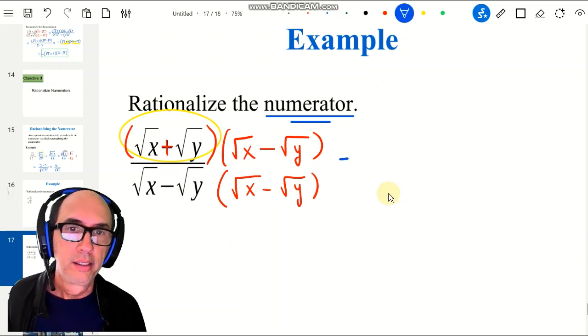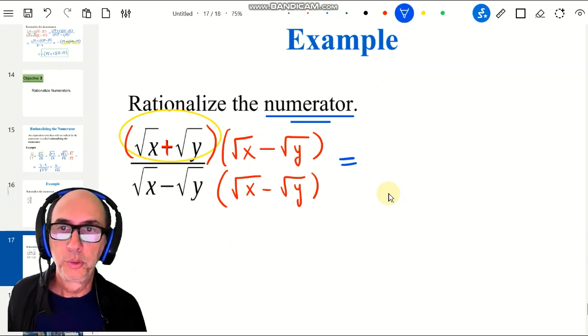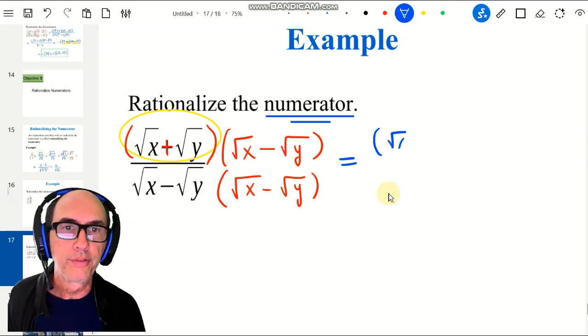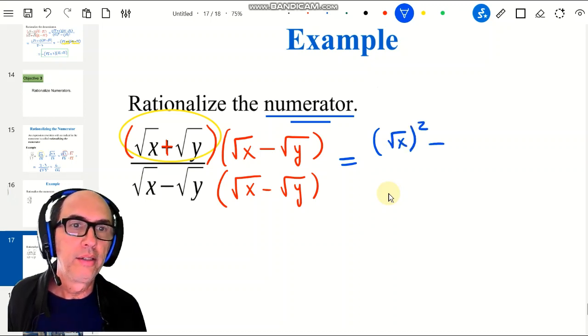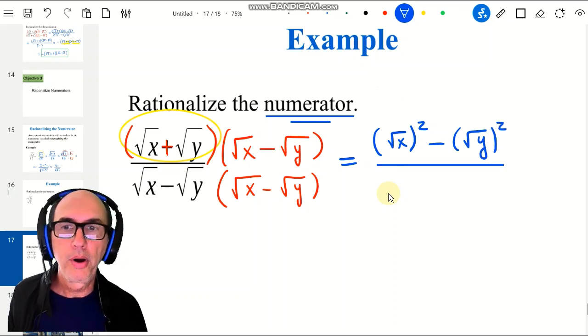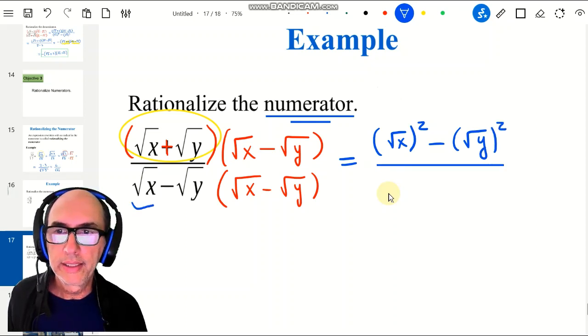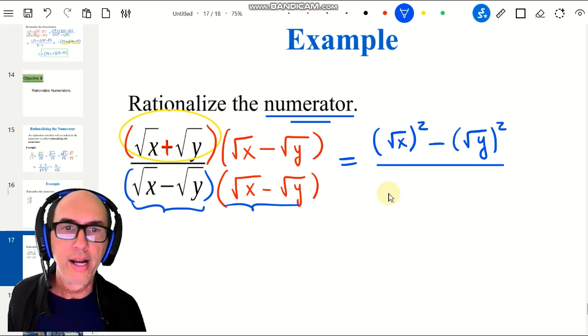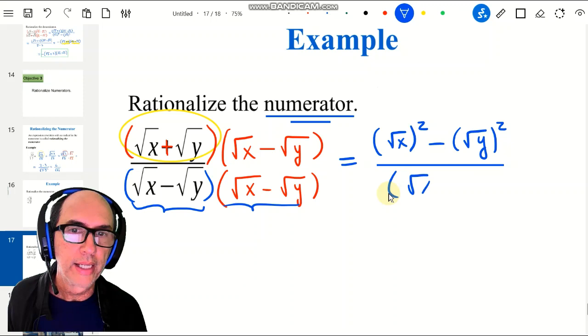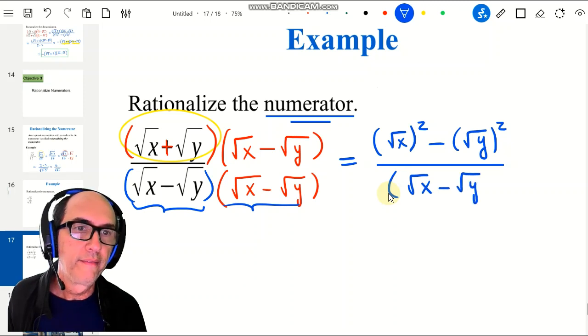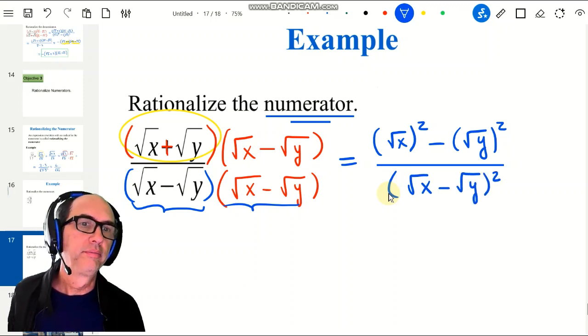And this multiplication on the top, by the formula, you're going to have square root of x squared minus square root of y squared. And on the bottom, look, they are the same, right? We have the same factors, so we can write square root of x minus square root of y squared.